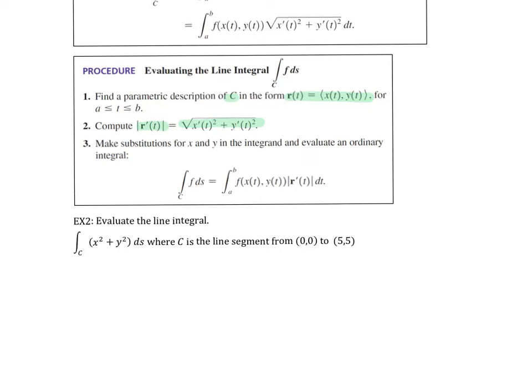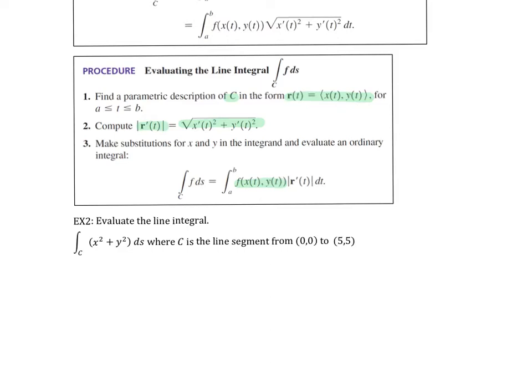The integrand will be written in terms of some scalar function with x's and y's in it, so given your curve, you're going to have to substitute the x and y values of your curve into the integrand. So again, this is all just words.